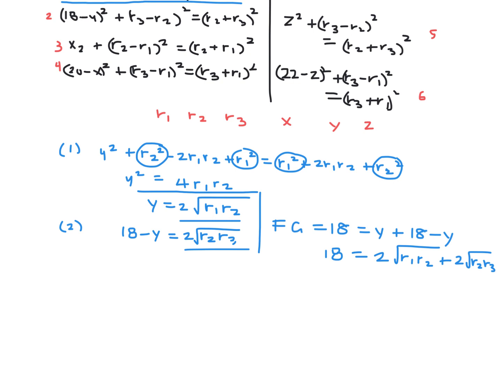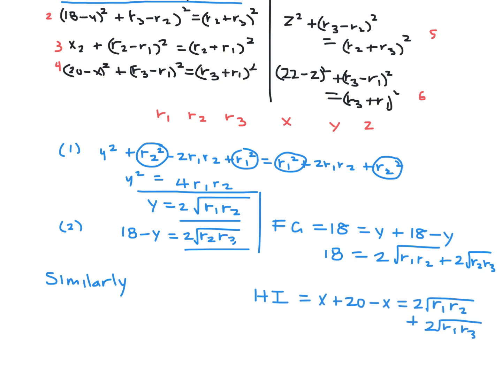So that is basically how we're going to approach this. And very similarly, you can show that HI, which is x plus 20 minus x, is equal to 2 root r1r2 plus 2 root r1r3. And of course you're going to get this from the other two equations.